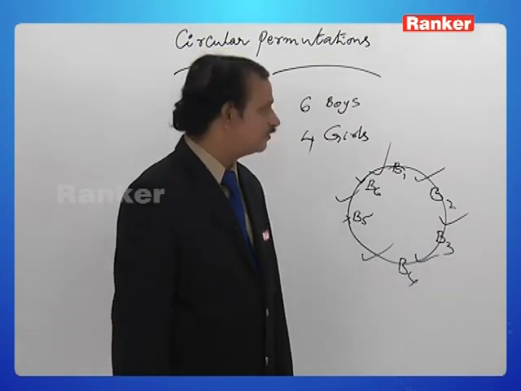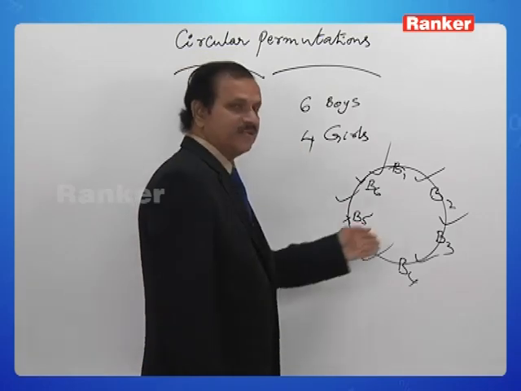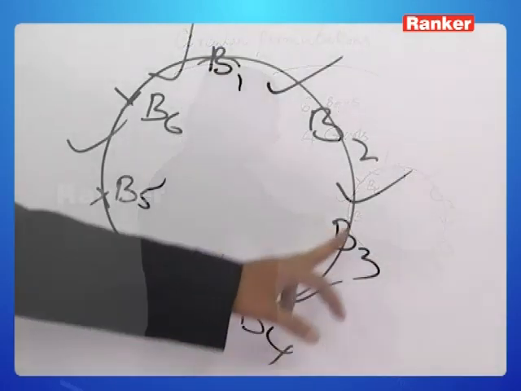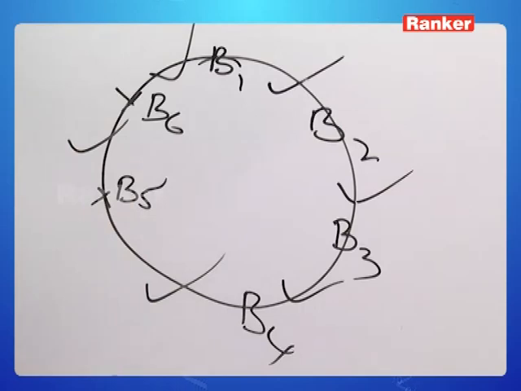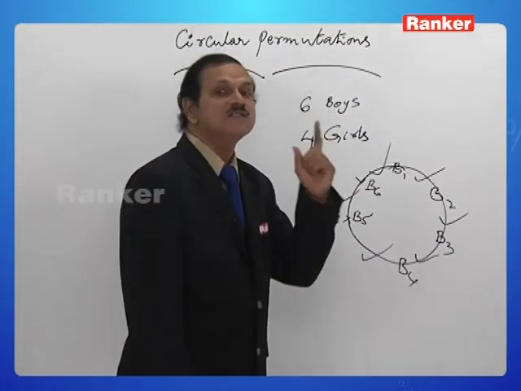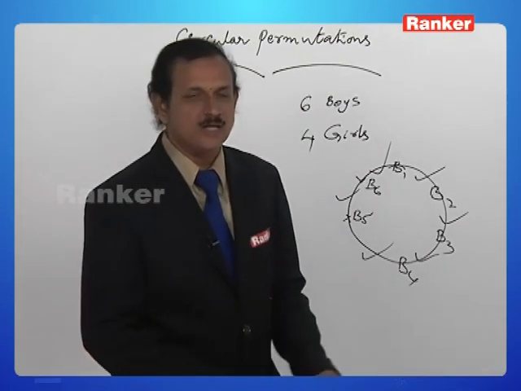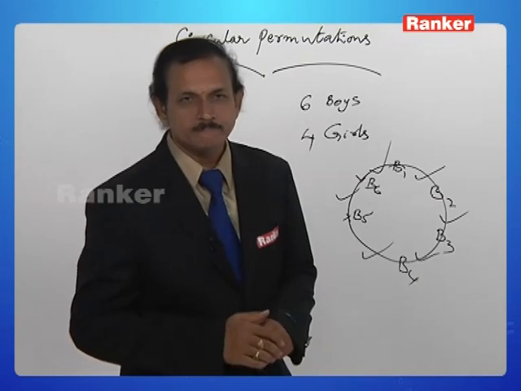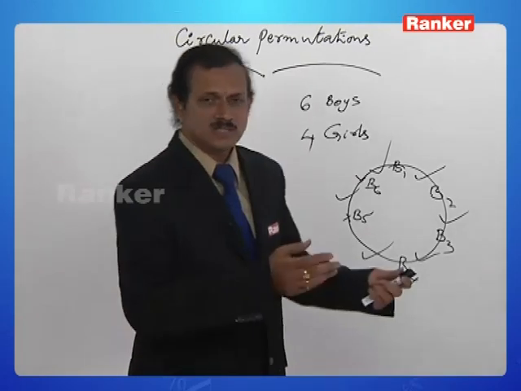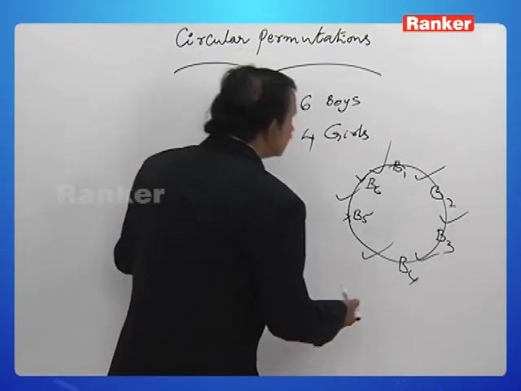These are the fixed specified places. In such a case, we should consider those arrangements as linear only. There are 6 possible places and 4 girls. How many ways can you arrange them?